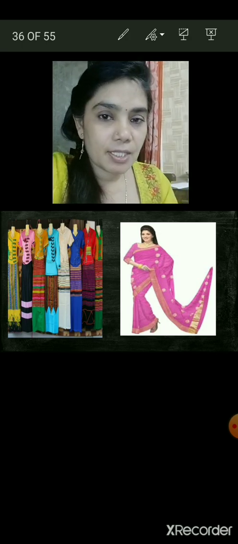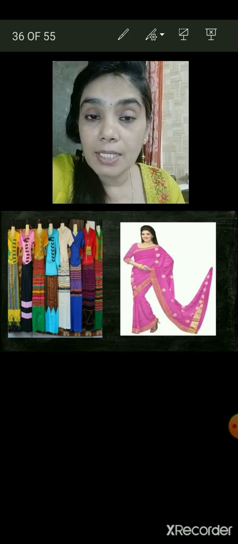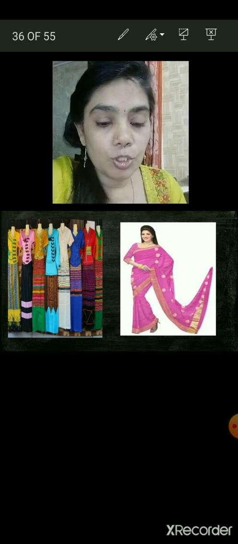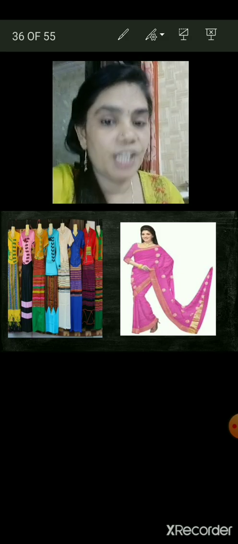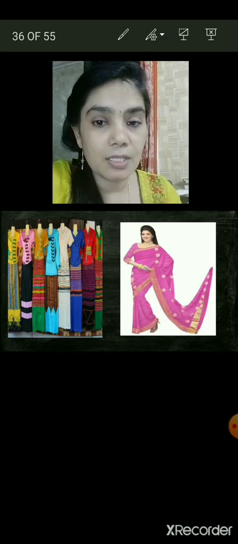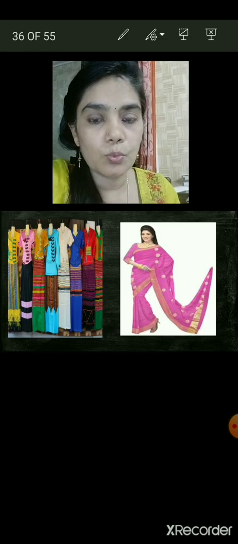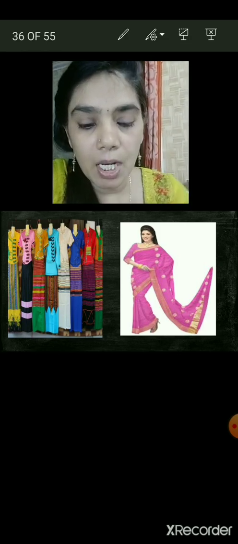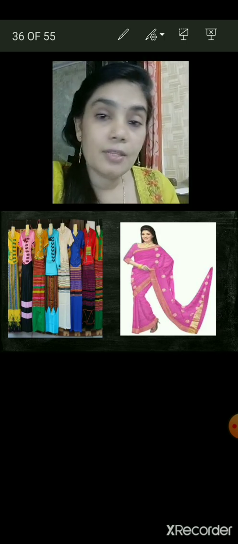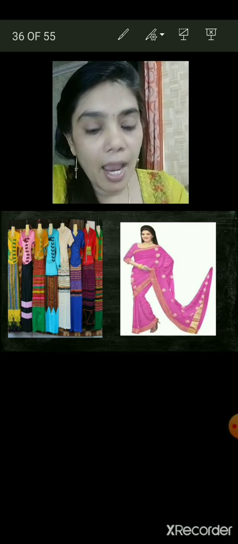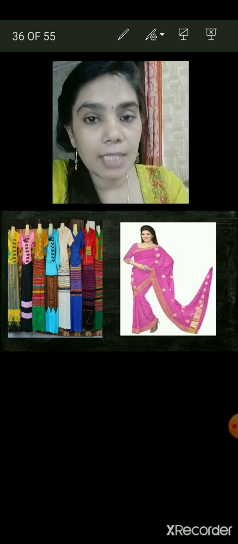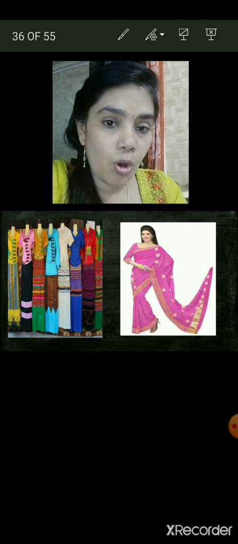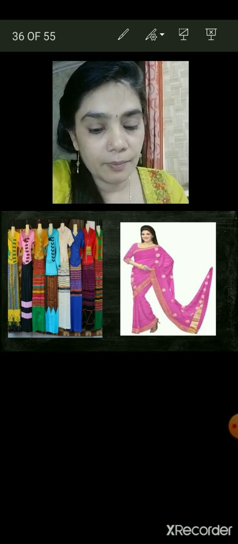He extracted some colors from plants and applied them to the clothes. He also discovered the concept of dyeing the clothes. This made the clothes very colorful, people started experimenting with colors, and fashion was born at that time.